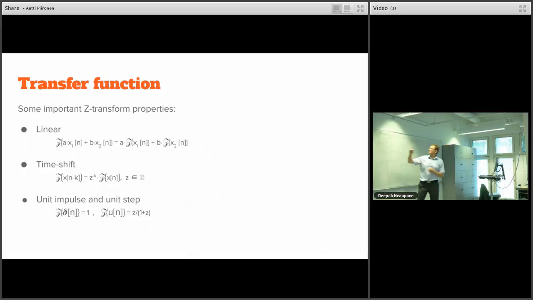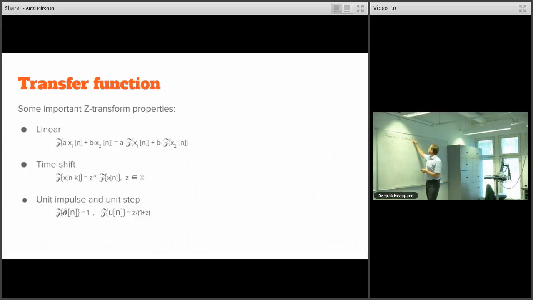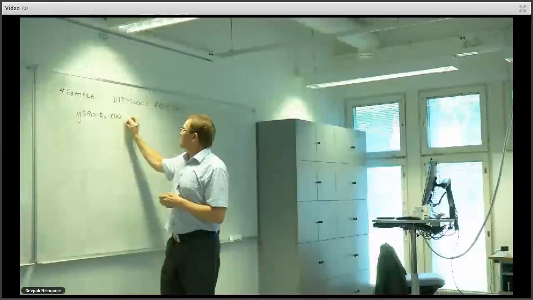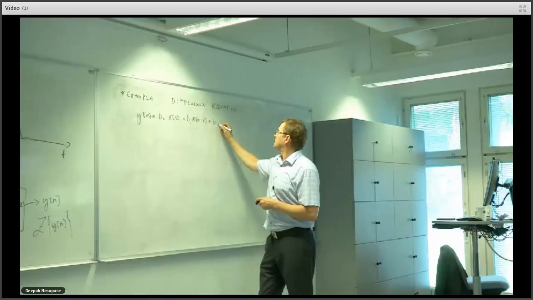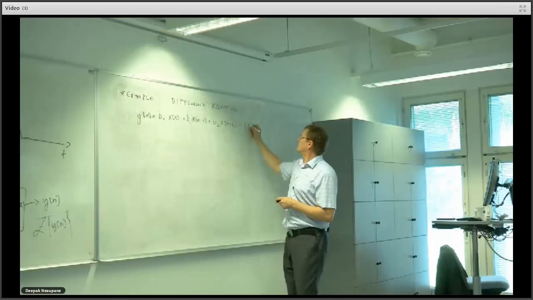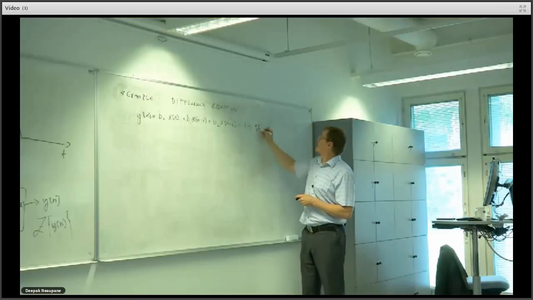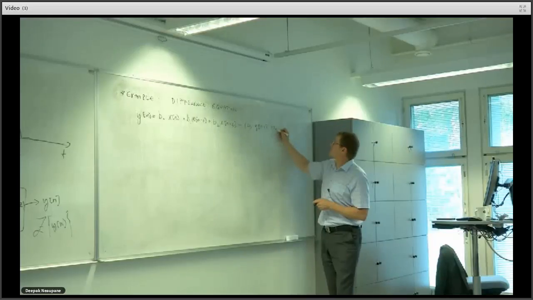Think of a system with a difference equation. We know the difference equation. If we know this, for example, that block diagram that I had there, the example block diagram. Right, so we have the difference equation y of n equals b0 times x of n plus b1 x of n minus 1 plus b2 x of n minus 2 minus a1 times y of n minus 1 minus a2 times y of n minus 2.